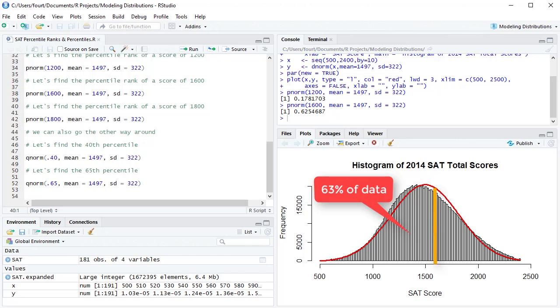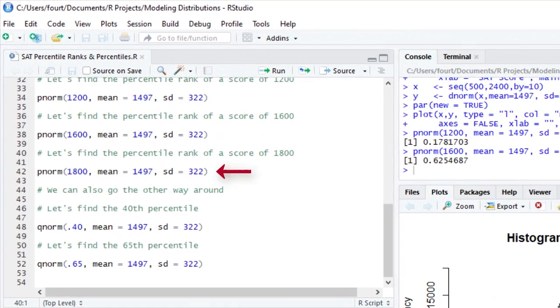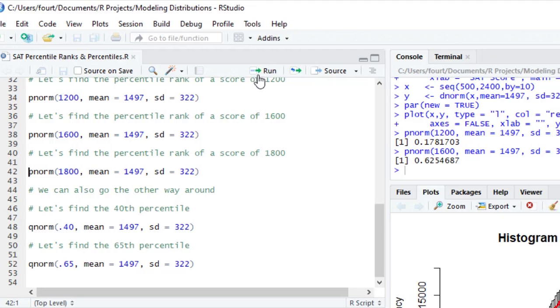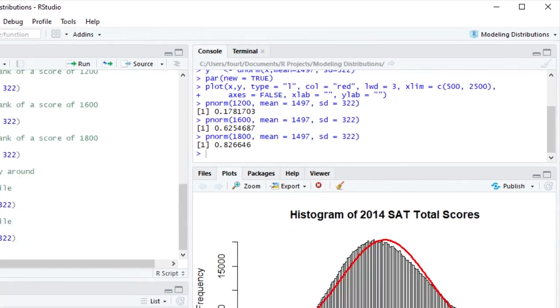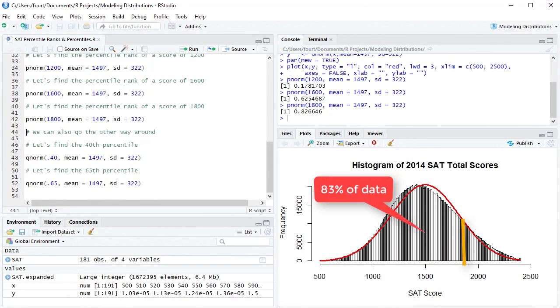That is, the 63rd percentile is 1600. Let's try 1800. A score of 1800 has a percentile rank of 83. The 83rd percentile is 1800.